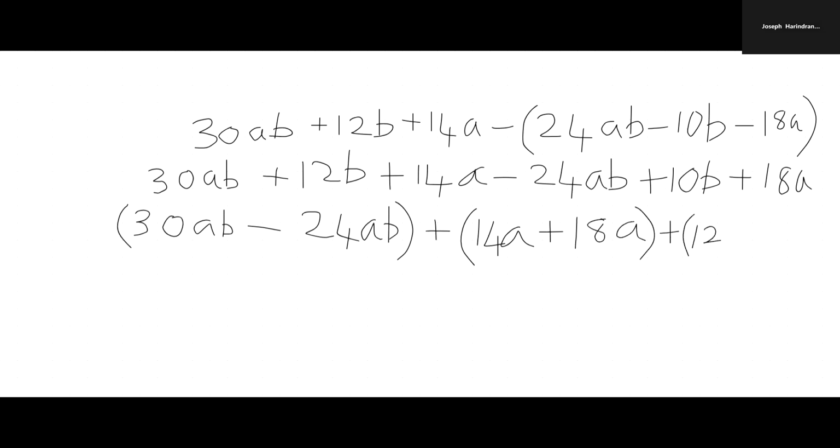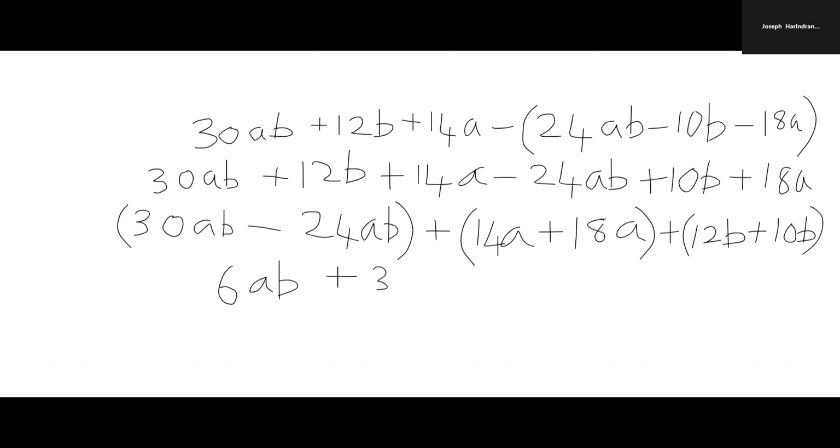Do the simplification by adding these. 30 minus 24 is 6AB, plus 12 plus 10 is 22B. 14 plus 18 is 32A. This is the final answer.